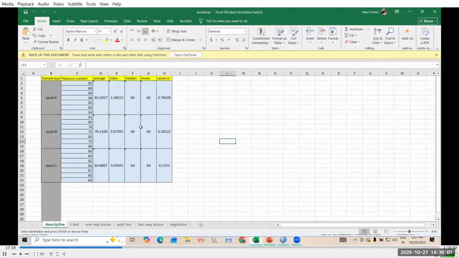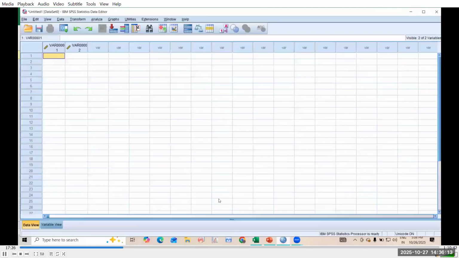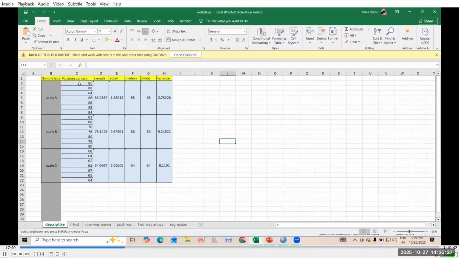In Excel, we have seen that each variety has seven replicates of the moisture content. So we'll put for one variety one number, meaning 1, 1, 1, up to 7 times. Then we'll put the moisture content values.